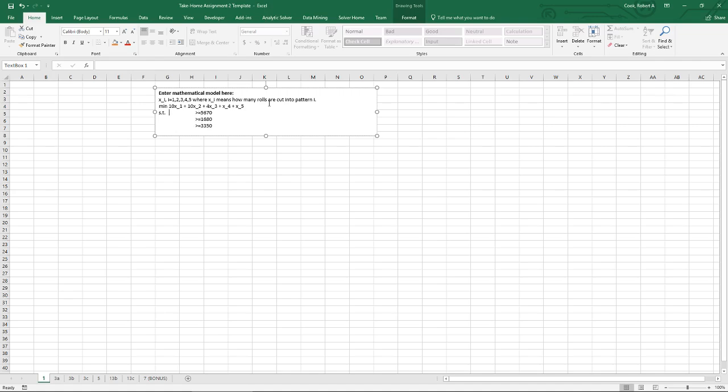Okay, well how many 12-foot rolls do we make? Well, this is determined by how many pattern 1s we make, pattern 2s, pattern 3s, pattern 4s, and pattern 5s. Now in the case of 12-foot sections, pattern 1 doesn't have any. It makes 0 12-foot rolls. Similarly, pattern 2 makes no 12-foot rolls. Now pattern 3 on the other hand makes 8.